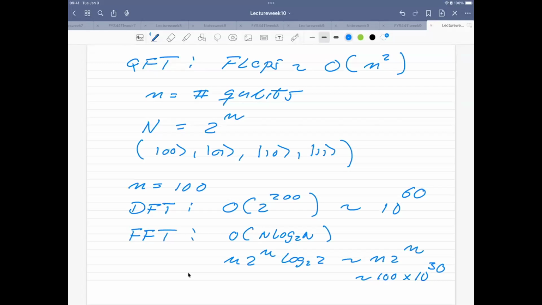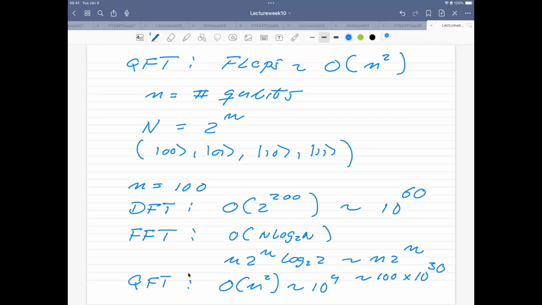Sorry. Okay. And then we add the QFT. Then we have a number of floating point operations which is n squared, which is then 10 to the power of 4.